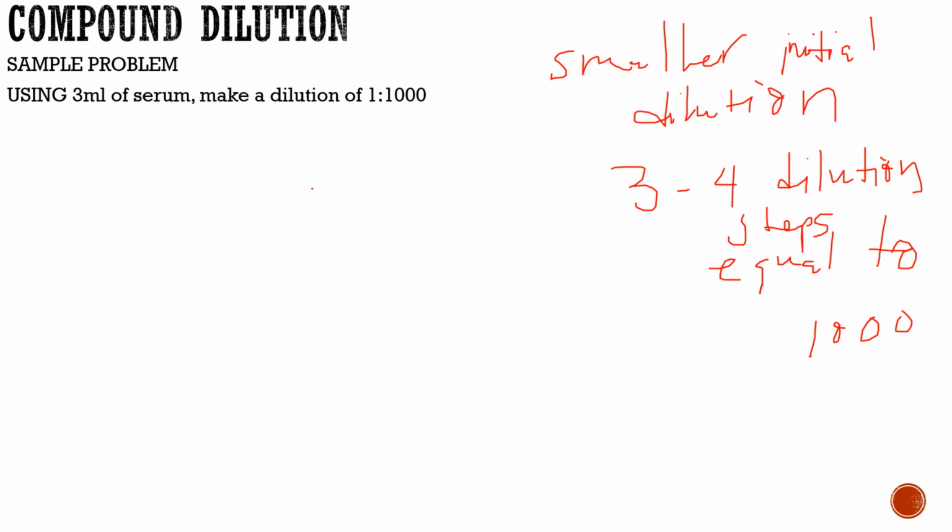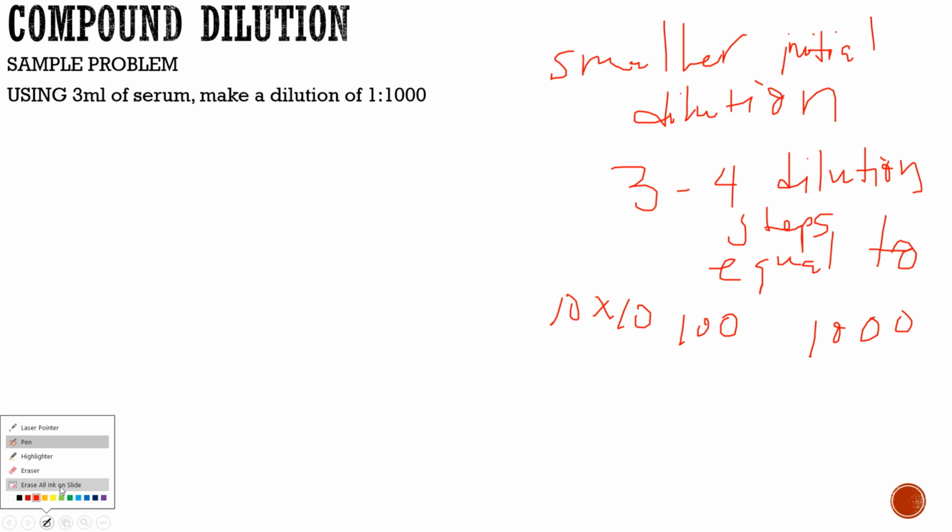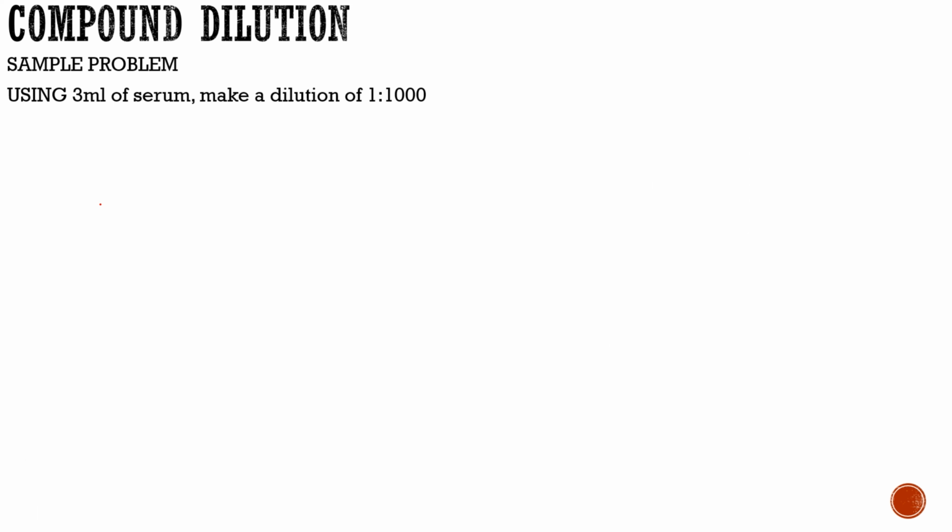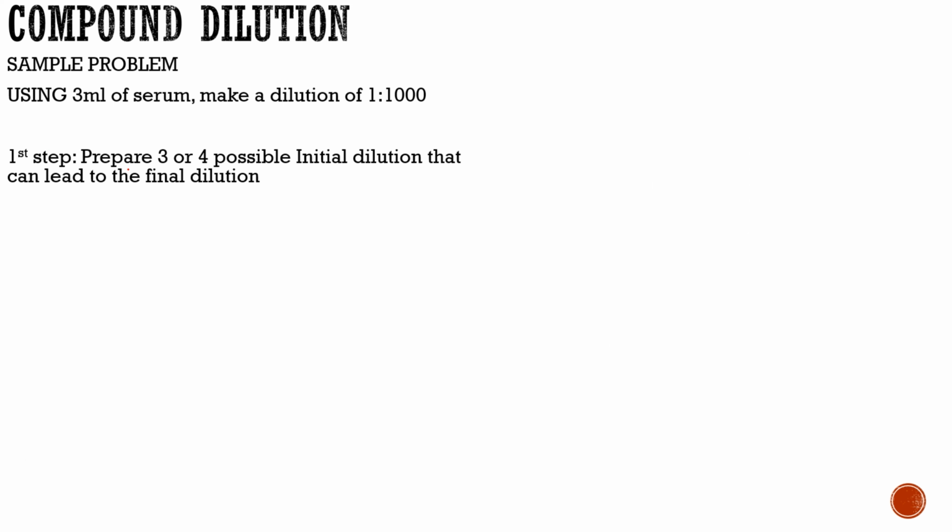Parang ano yan klase, gusto mong makakuha ng 100. To get 100, you need to multiply 10 by 10. So you want to get a dilution of 1,000 using multiple steps. So ito yung mga steps niya. First step is to prepare 3 or 4 possible initial dilution that could lead to the final dilution. So ang maiisip mo dito is, how do you get 1:1,000?